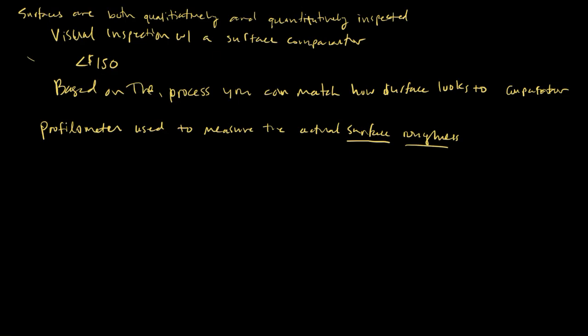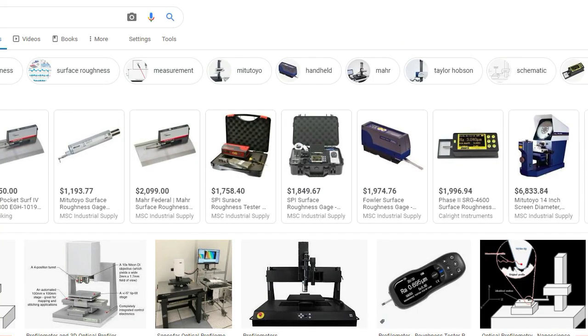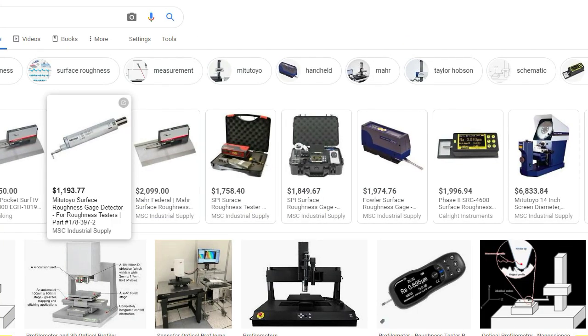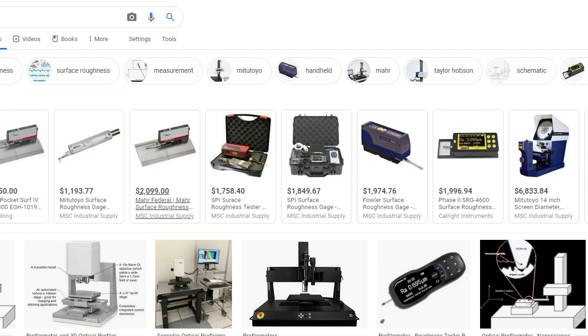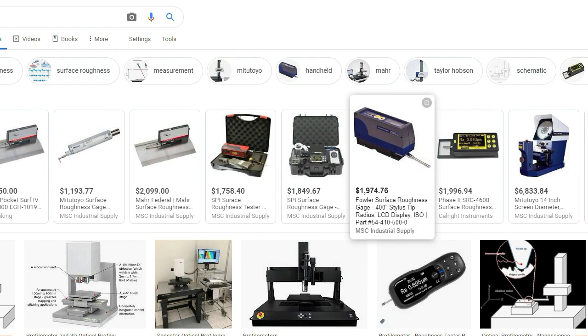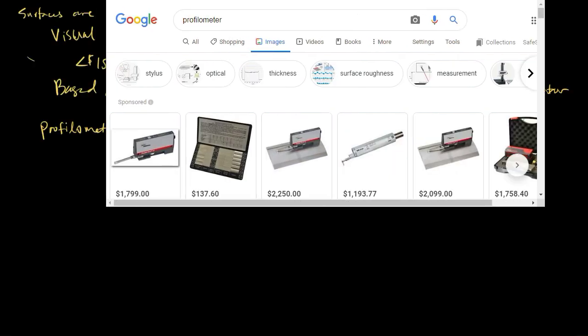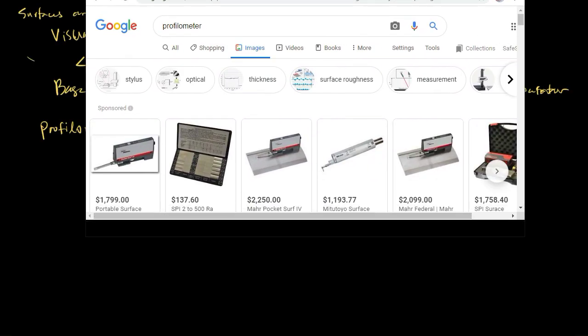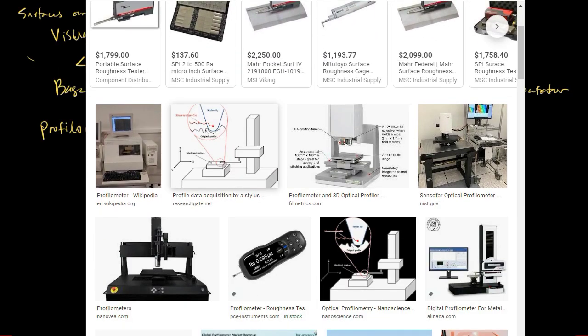A profilometer is a device, and there are different types of profilometers. This is a Mitutoyo. Mitutoyo makes precision instruments, as well as Mahr Federal. Basically, you have a stylus. You put this on the surface, and it will look something like this graphic here. The stylus is dragged across the surface, and the displacement of the tip is measured.